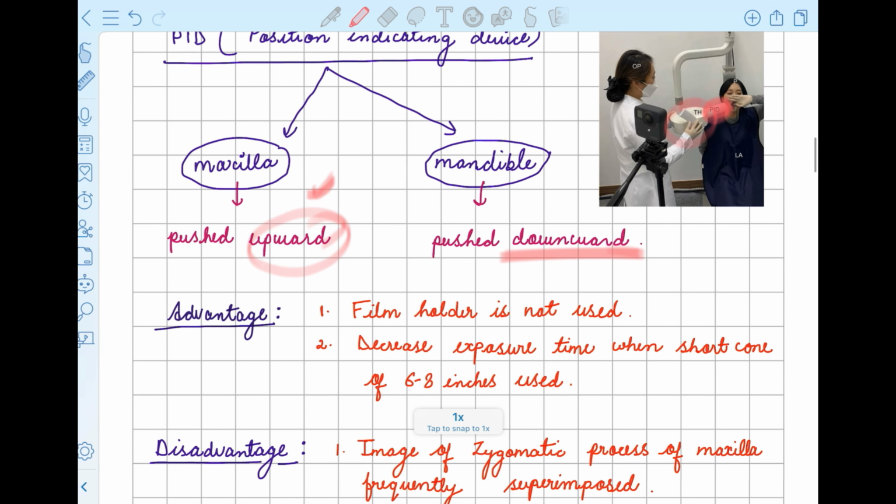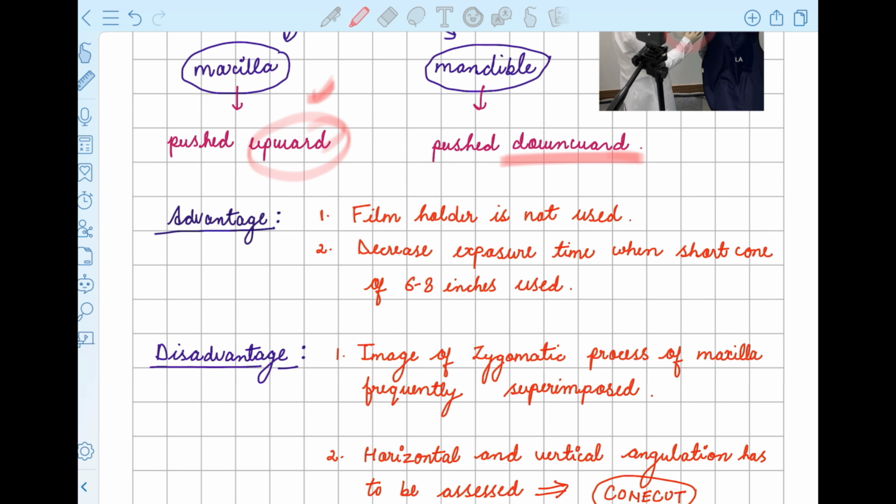Now let's see what are the advantages. In bisecting angle technique, the film holder is not used, so the patient does not get a problem of gag. Basically, if we use a film holder, then the patient complains of gag. Then there is decreased exposure time. Why is there decreased exposure time in bisecting angle technique?